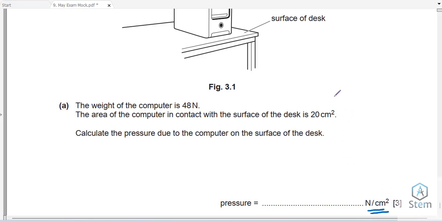We are not going to convert to SI units. We'll keep our unit of pressure in non-SI units. So pressure equal to force over area. Force is 48. The area is 20. So 48 divided by 20, we get 2.4.